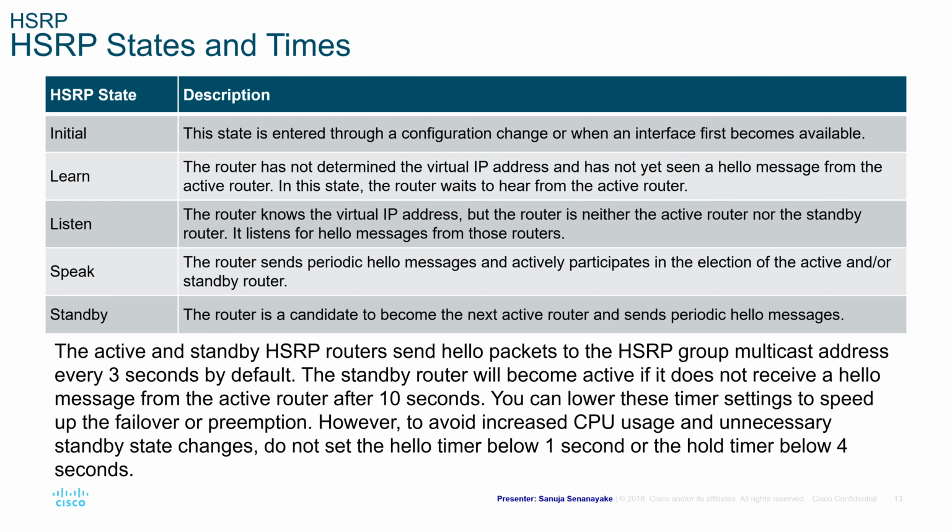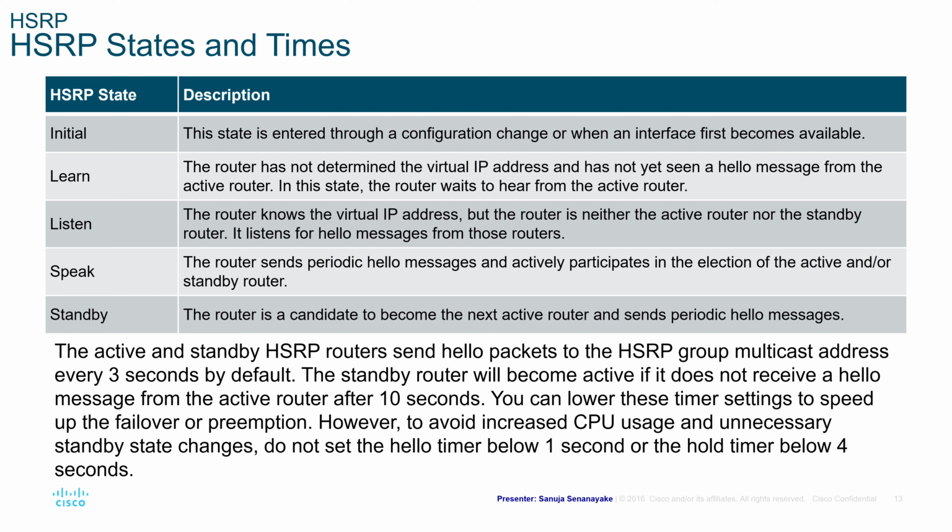In this state, the router waits to hear from the active router. In the listen state, the router knows the virtual IP address, but the router is neither the active router nor the standby router. So it listens for hello messages from those routers.